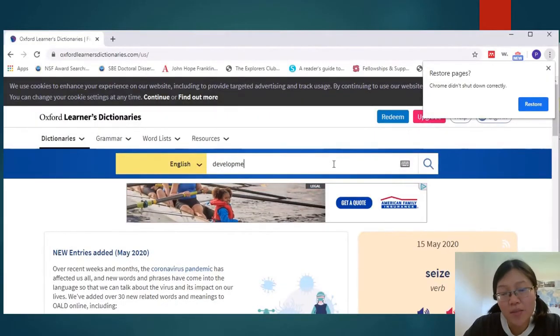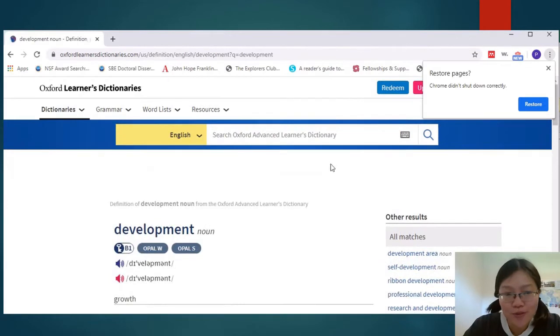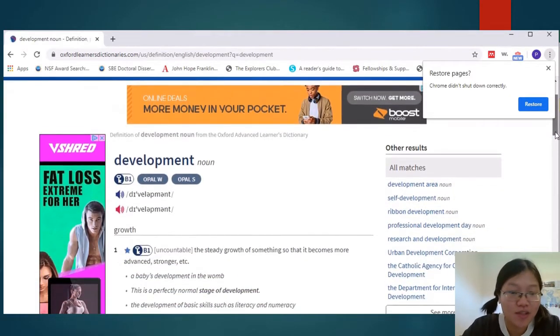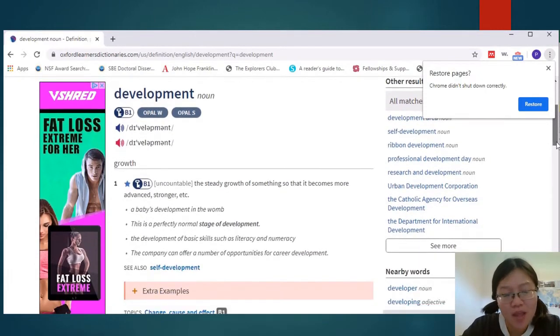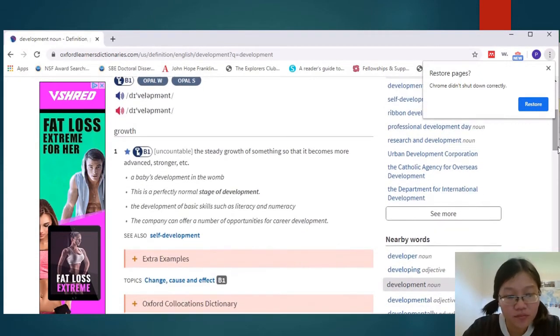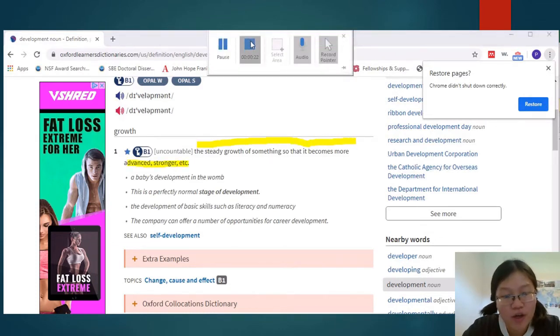So what is development? I went to the Oxford Learner's Dictionary and typed in development to see what the website would tell me. As you can see on the screen, it says that development is the steady growth of something so that it becomes more advanced, stronger, etc. The example given here is a baby's development in the womb.